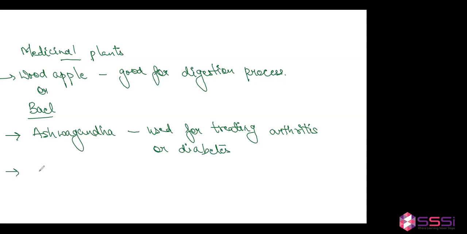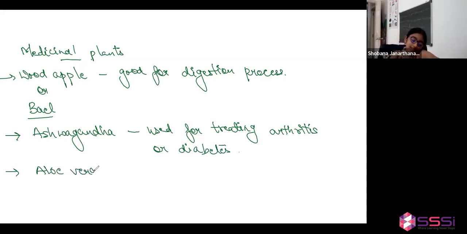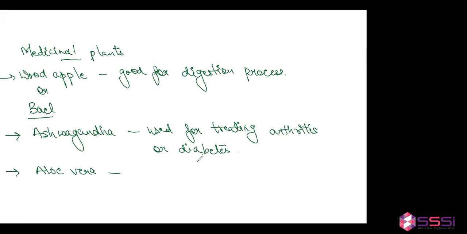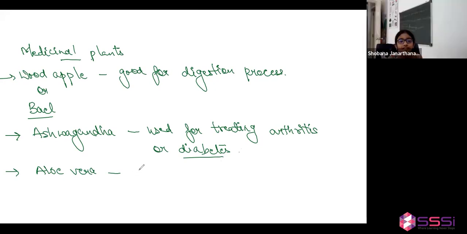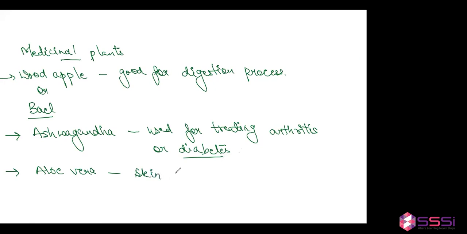Then aloe vera. Have you heard of aloe vera? Yes, ma'am. Ma'am, arthritis is joint pain, and diabetes is sugar, people who have sugar. So aloe vera is for skin problems, right?